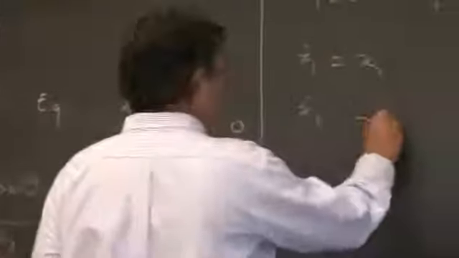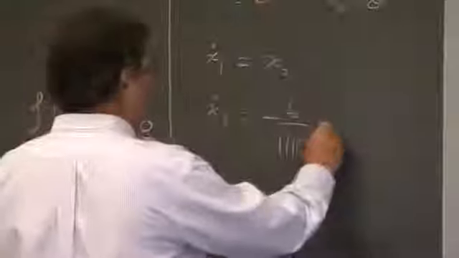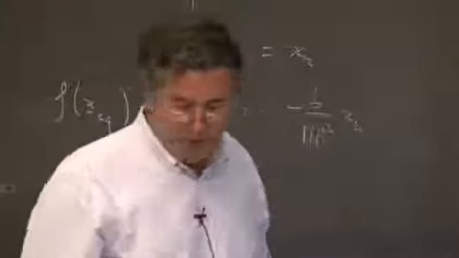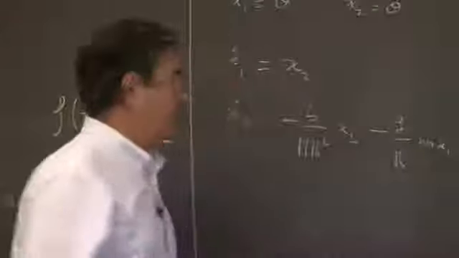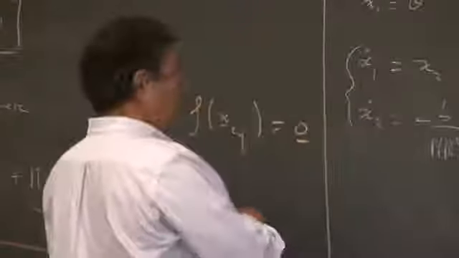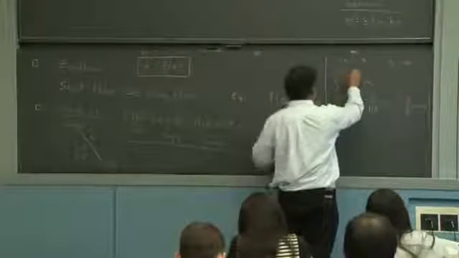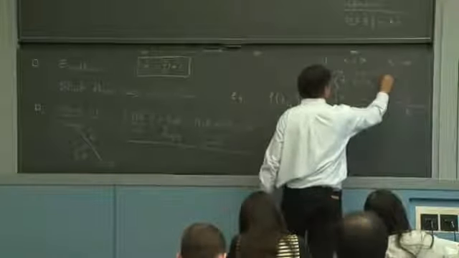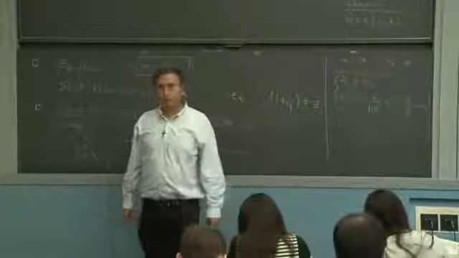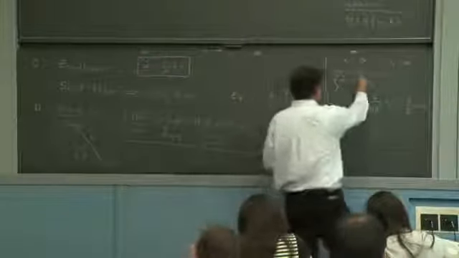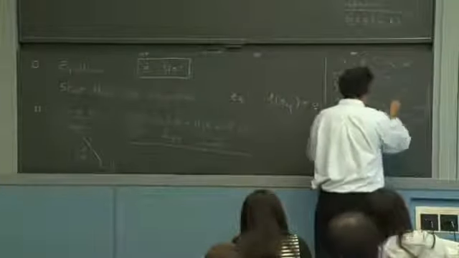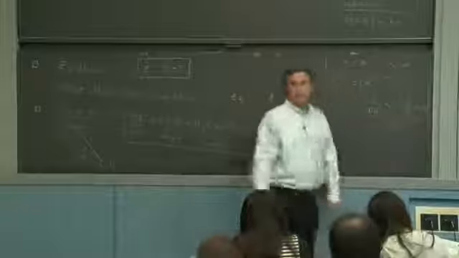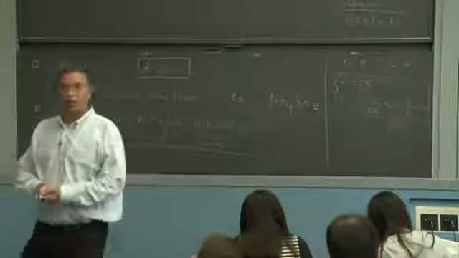It gives you minus b over mr squared x2, and then minus g over r sine theta, which is the same thing as sine x1. So these are the state equations. This is f of x, and this is, of course, x dot.